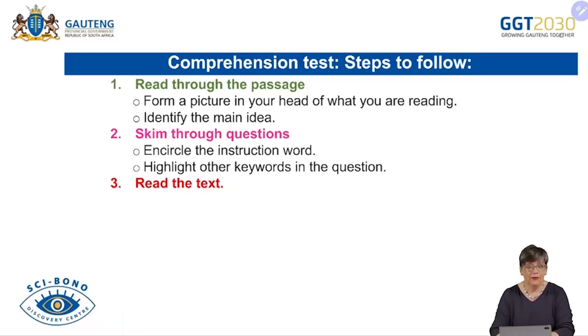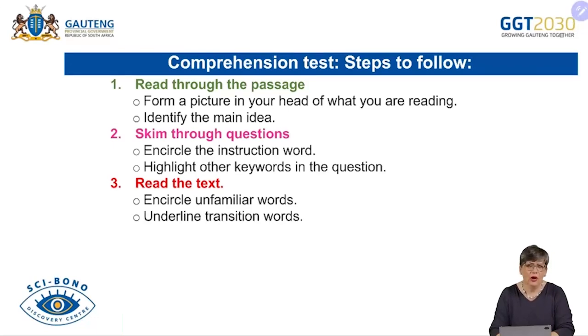Now, you've read the questions. You have a very good idea what is required. Now, read the text again. While you're reading now you can find those unfamiliar words, and you probably will find an unfamiliar word or 2. Find them. Look for transition words. Transition words are words that connect paragraphs.